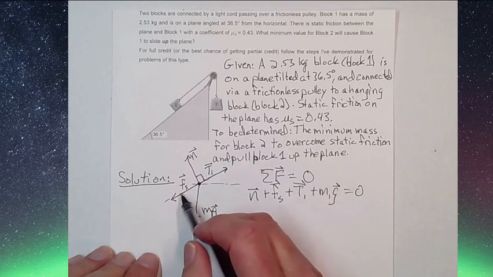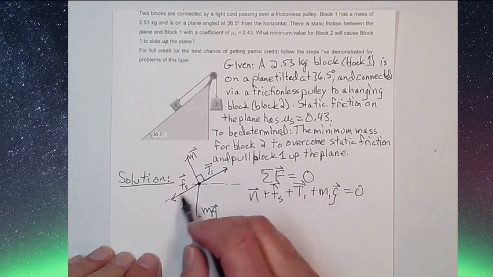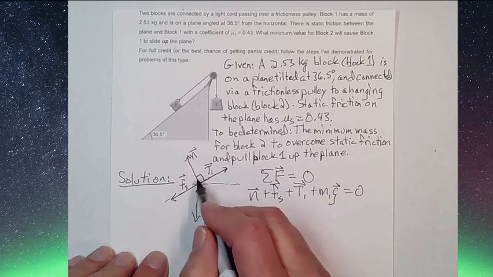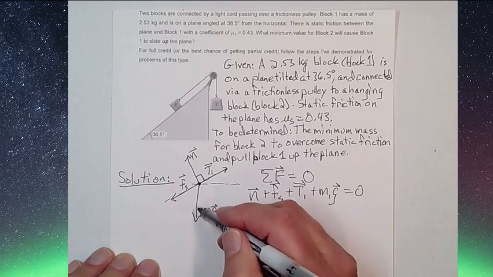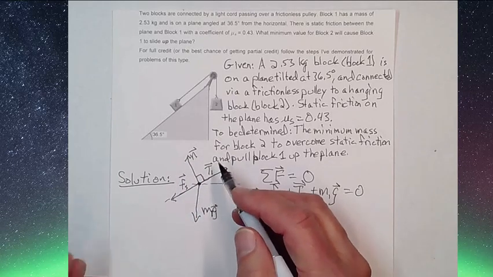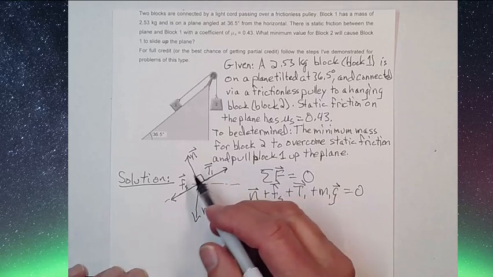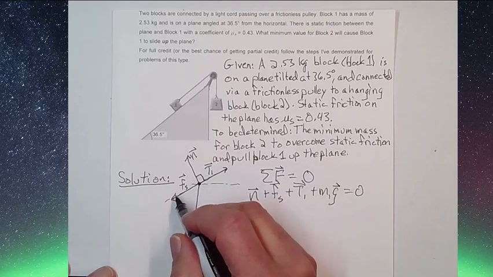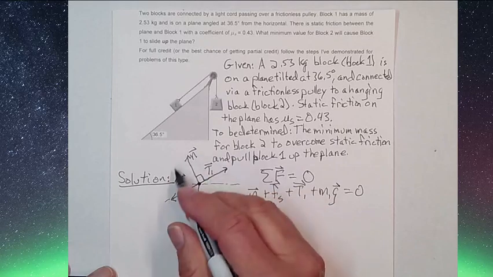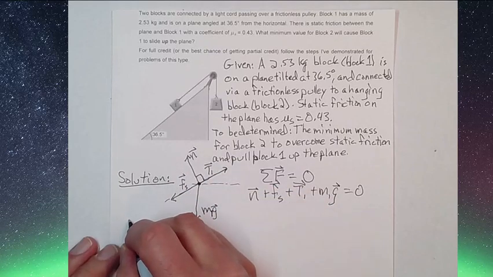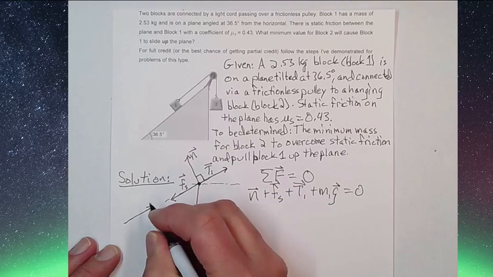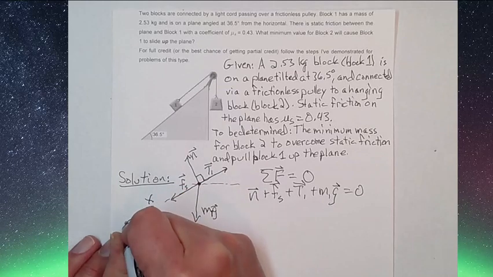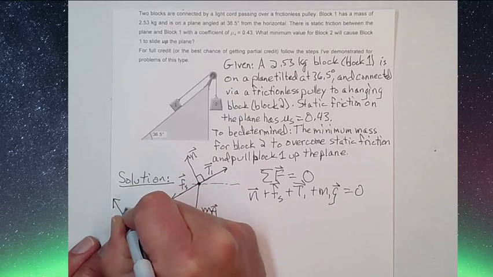Now, 3 of the vectors either point up and down the plane or perpendicular to it. One of them is at an angle to the plane. But to minimize work, I'll select a coordinate system that falls in with these 3 vectors here. Then I'll just let x point up the plane and y point perpendicular to the plane.